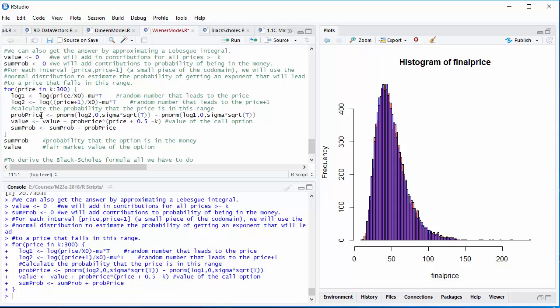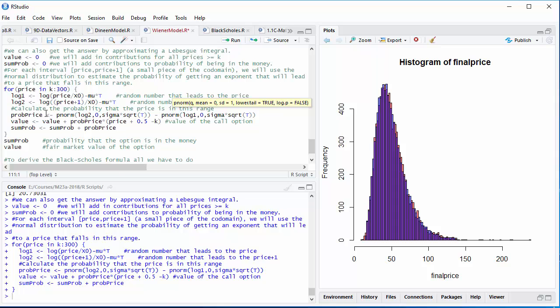The probability that the price is in that range is given by the probability that the normally distributed random variable with a variance of sigma times the square root of the time till maturity exceeds the larger of those two logarithms minus the probability that exceeds the smaller of those two logarithms.